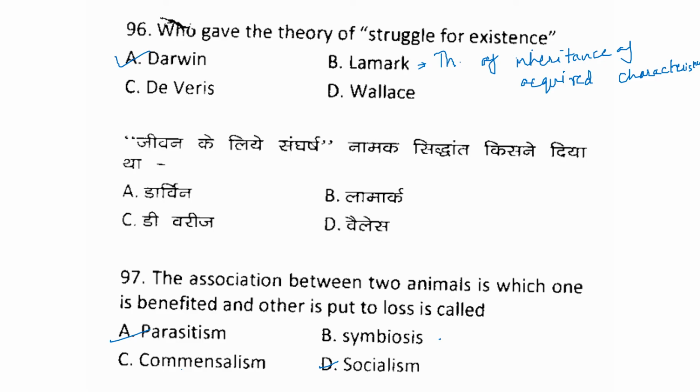In commensalism, the sea anemone lives on the hermit crab. The sea anemone is carried by the hermit crab, and there is no loss to the hermit crab.